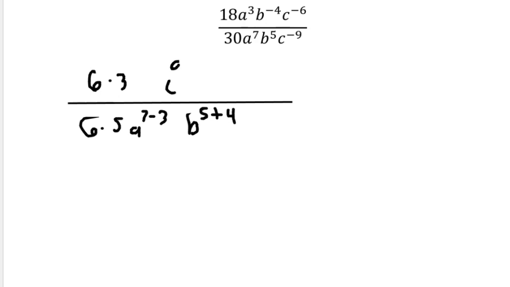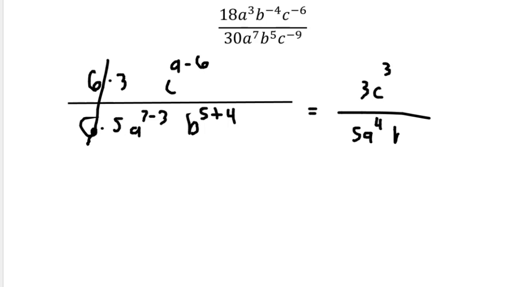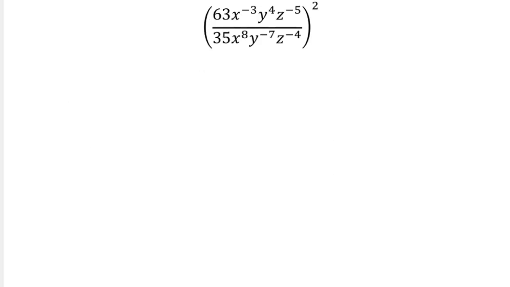It's going to be positive 4. And c, we can just move into the numerator. So we get 9 minus 6. We can cancel 6 here. So we have 3c cubed over 5 a raised to the 5th power and b raised to the 9th power. So this is the final simplified fraction of this problem.